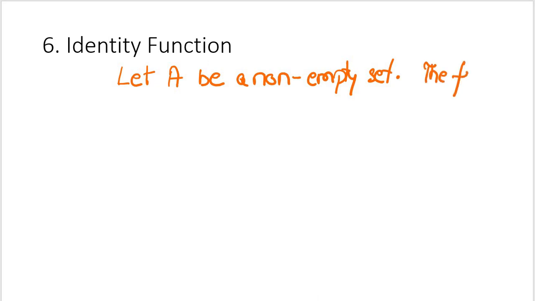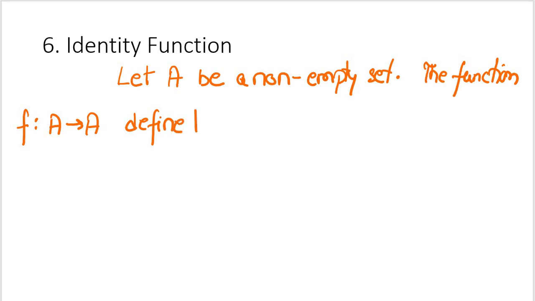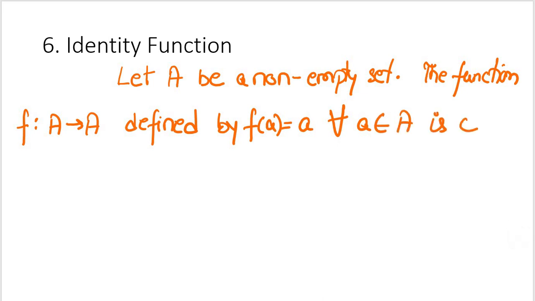So your function f from A to A, defined by f of a equals a for every a which is an element of A, is called an identity function for A.